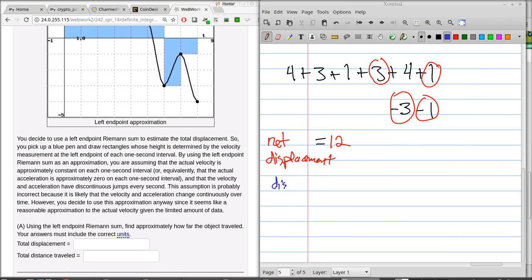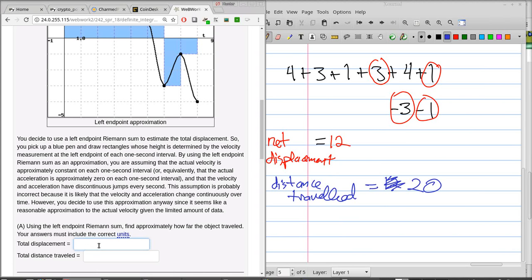So distance traveled is equal to the 12 that we, no, wait, sorry, I'm being dumb. This is not right. We need to just add them all up positively. 7, 8, 11, 15, 16, 19, 20. So this one should be 12, and this one should be 20.